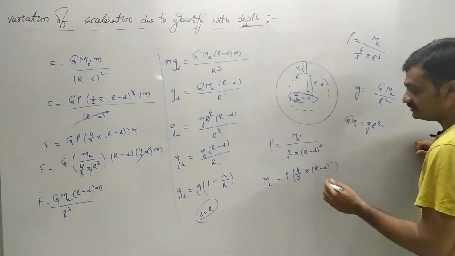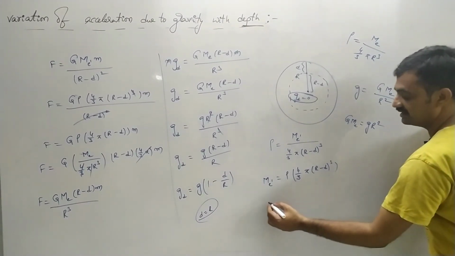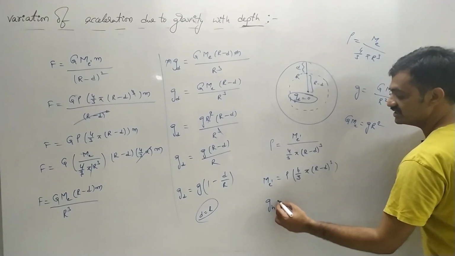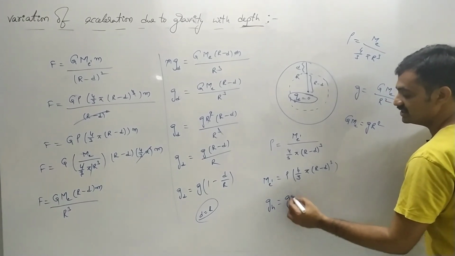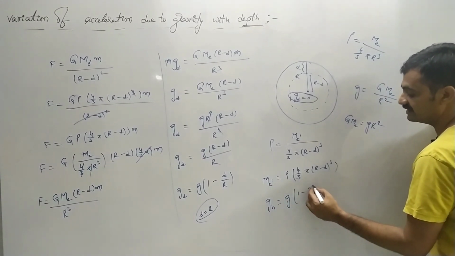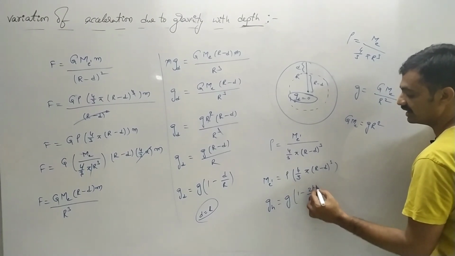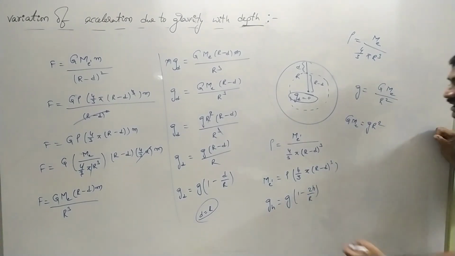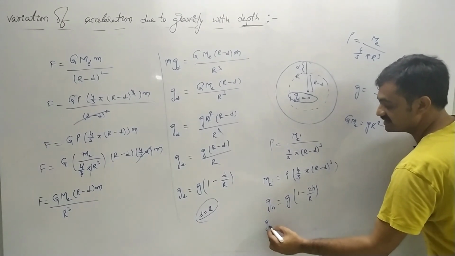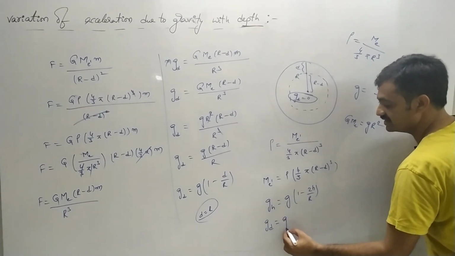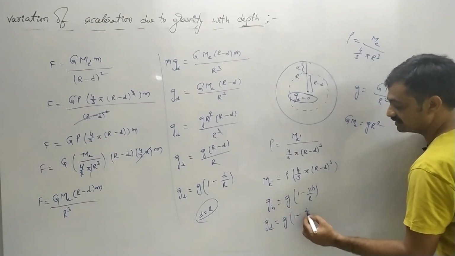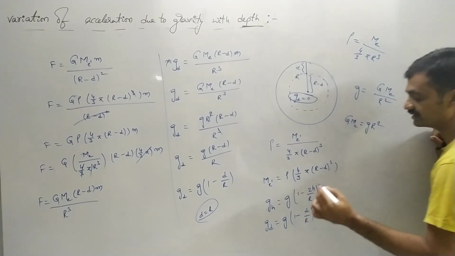Now as we consider the gravity at height h, g suffix h is equal to g into (1 minus 2h by r), and gravity at a depth is g suffix d equal to g into (1 minus d by r).